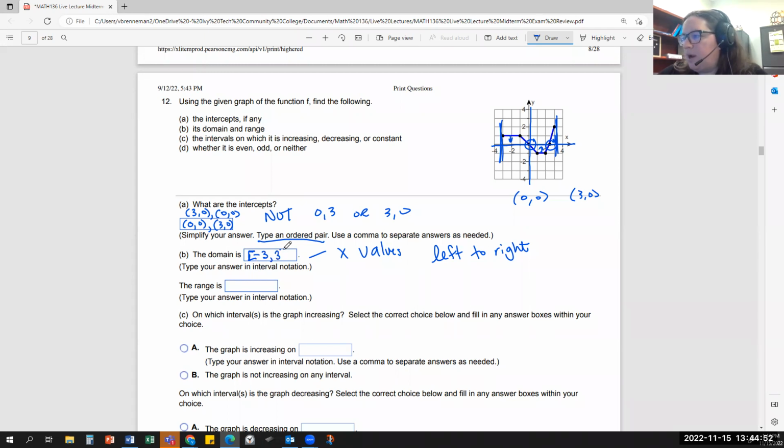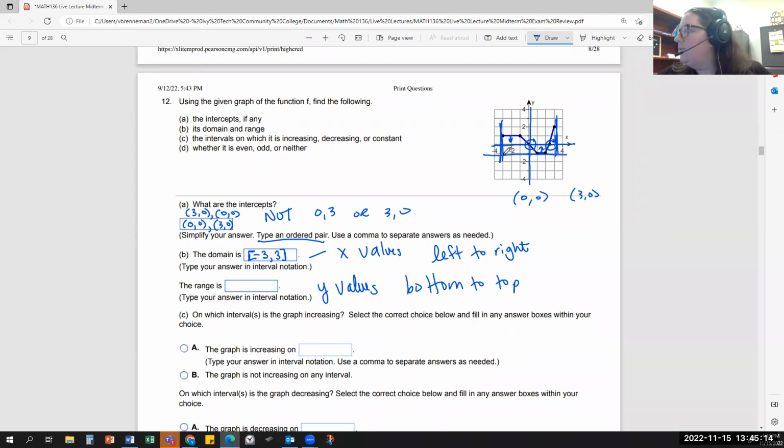Listing left to right, that interval uses square brackets, because those endpoints of -3 and +3 do have actual points on the graph. For the range, you're looking at the y values. You want to think bottom to top, because you're giving an interval that has to be least to greatest.